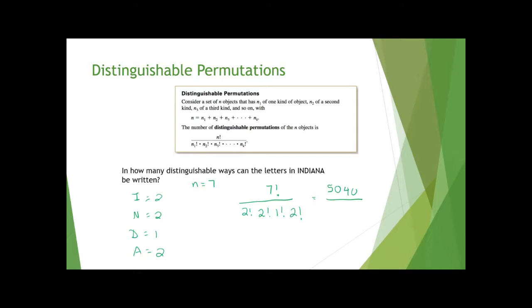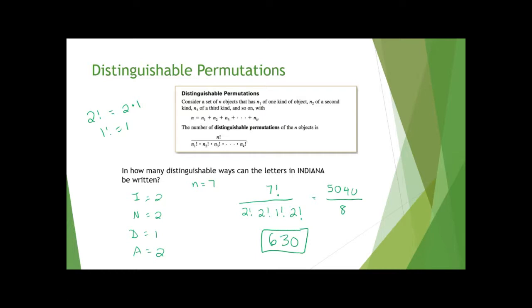My pen is having issues here. It doesn't want me to write. 2 factorial is equal to 2 times 1, which is just 2. And 1 factorial is just 1. So we just get 8 in the denominator. So 5,040 divided by 8, we get 630 possibilities, 630 distinguishable ways that you can arrange the letters in Indiana.